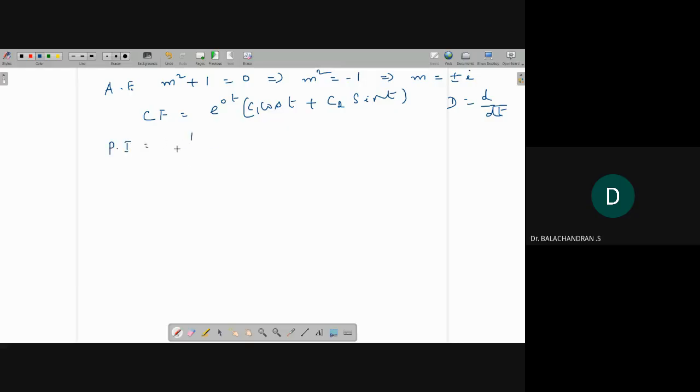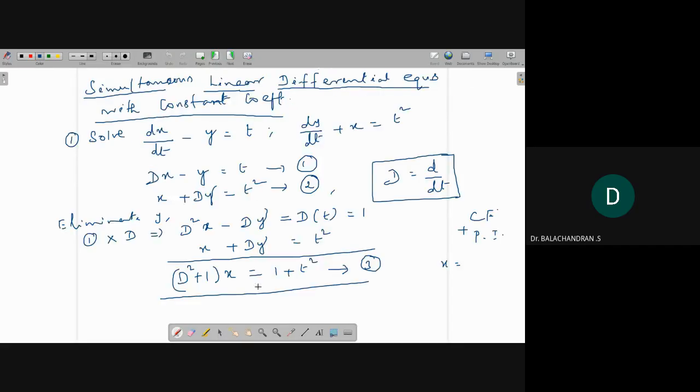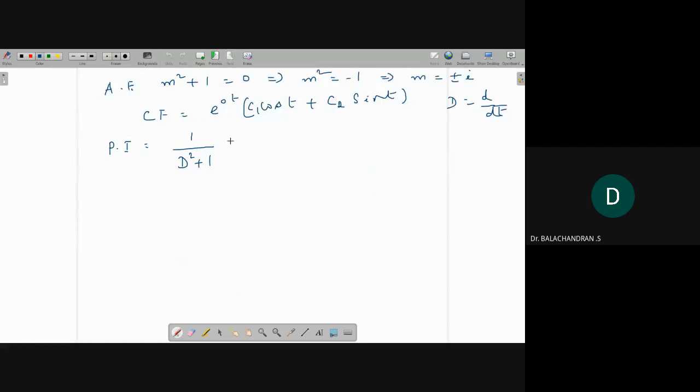It is equal to 1 by D square plus 1 times the right hand side, 1 plus t square, or you can write t square plus 1. This is algebraic. We should write the denominator in the form of 1 plus x or 1 minus x, but it is already in the form of 1 plus x. So I'll write (1 plus D square) to the power minus 1 into t square plus 1. So (1 plus x) to the power minus 1 is 1 minus x plus x square minus x cube and so on.